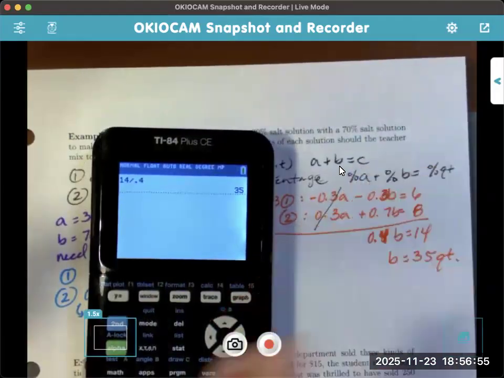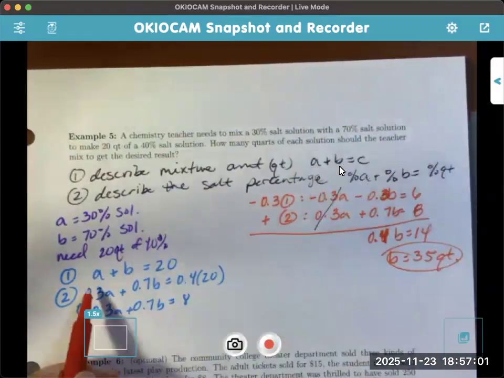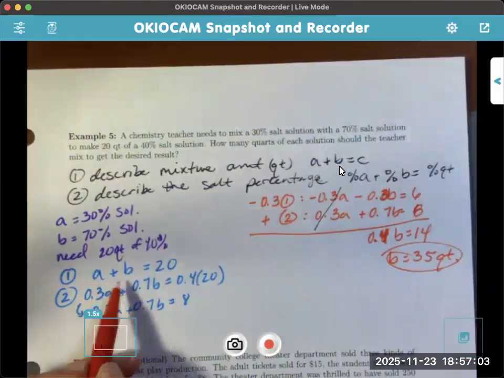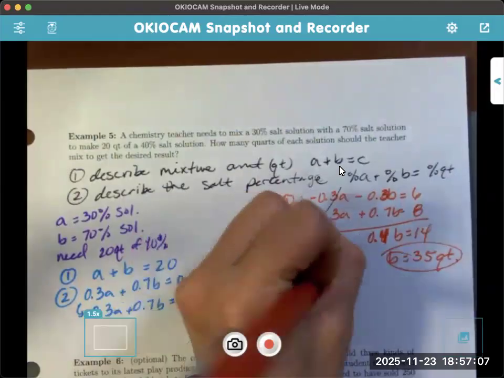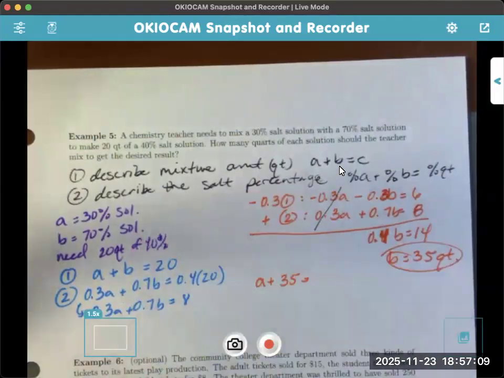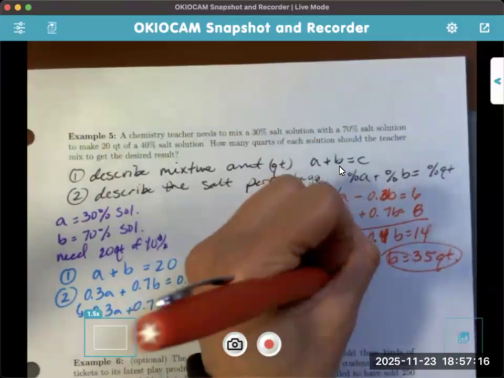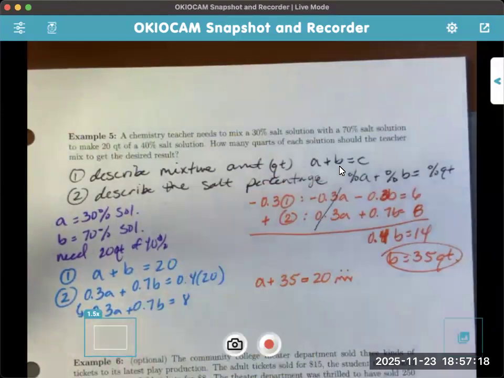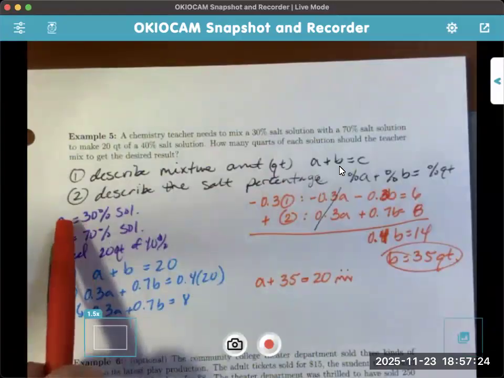In this case, quarts. But are we done? Nope. We need to see how many of the 30% solution we need. So A plus 35 has to equal... oh, well, that doesn't make any sense now, does it? See how we know something is awry. 7, okay, 30%.